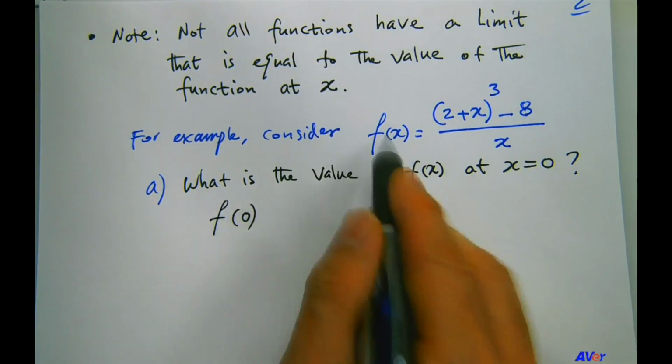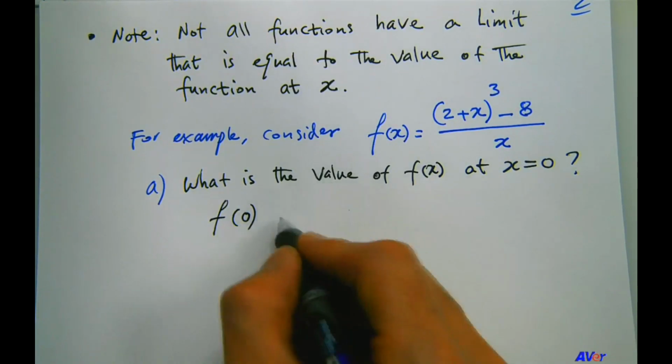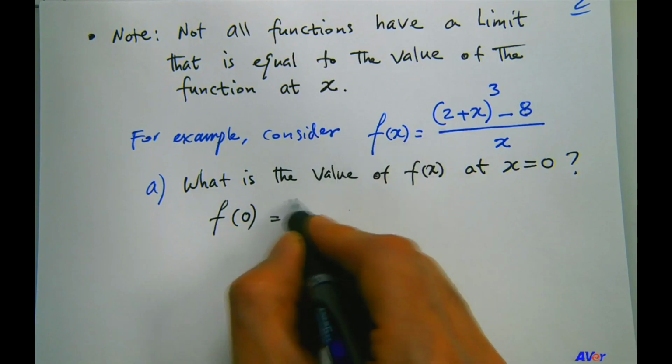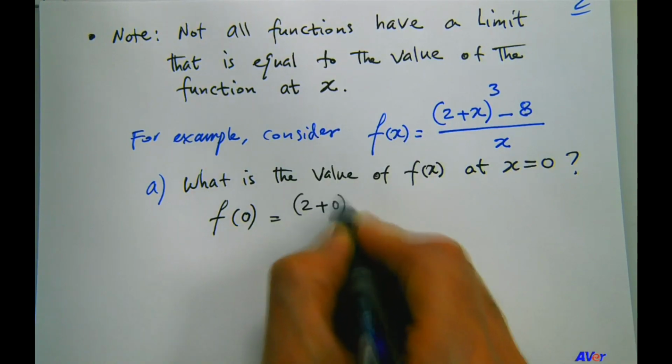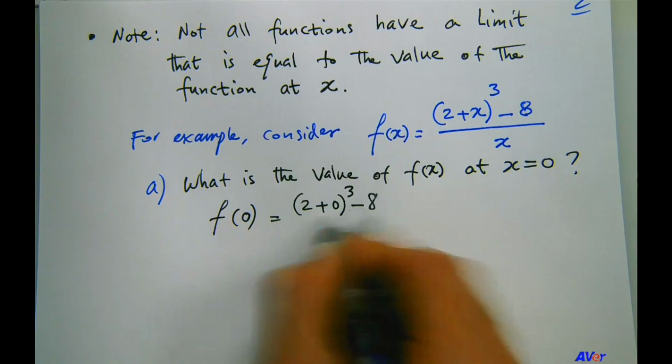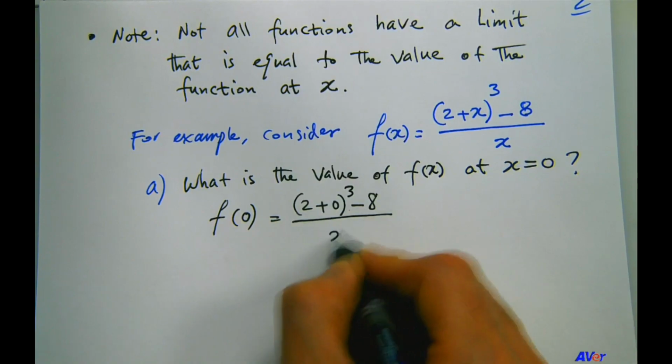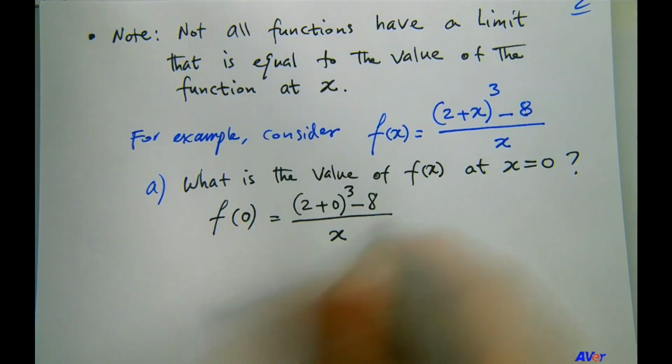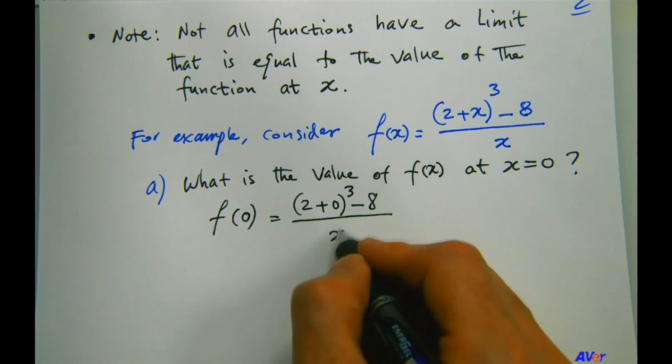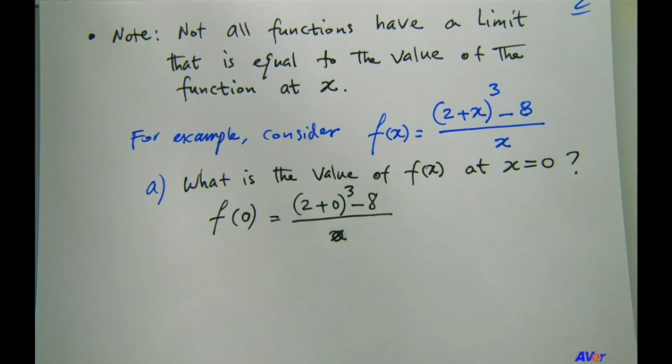So the value of the function at x equals 0, if we plug in for x with 0, we have 2 plus 0 cubed minus 8 divided by 0, sorry. So let me make that correction.